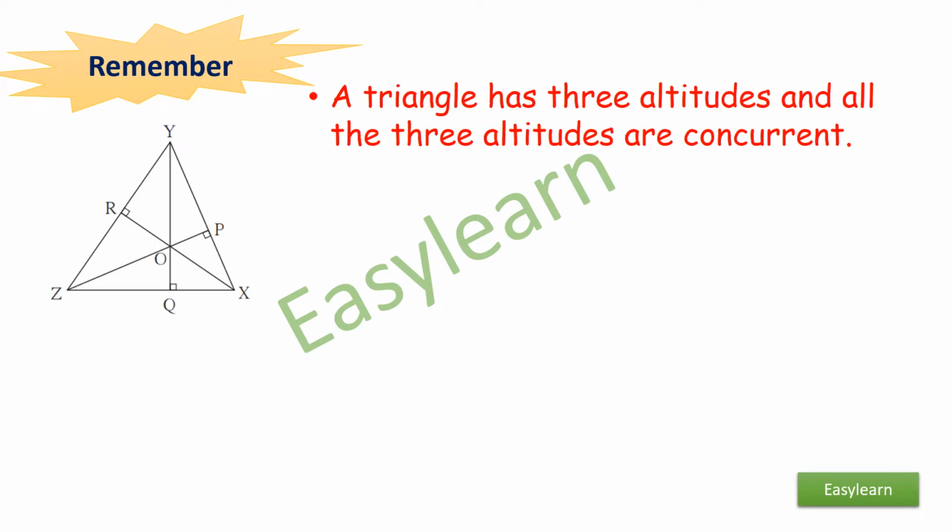Remember, a triangle has three altitudes. Why? Because it has three vertices. Therefore, from each vertex, if you draw a perpendicular, you get three altitudes. And all the three altitudes are concurrent. Concurrent means it is the point where all the three altitudes meet each other. So, if you see here, this point is your point of concurrence.